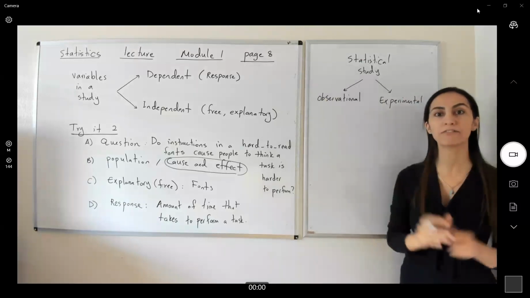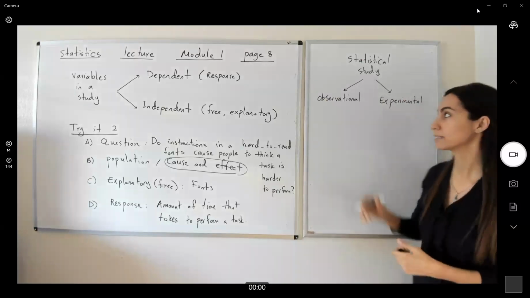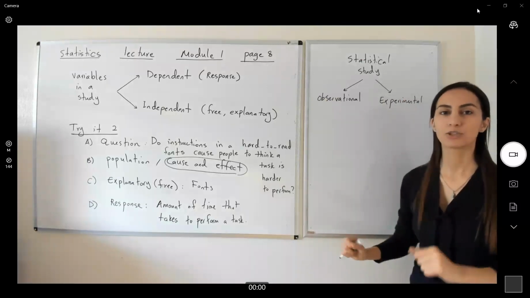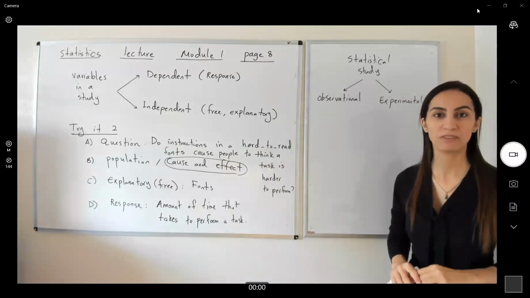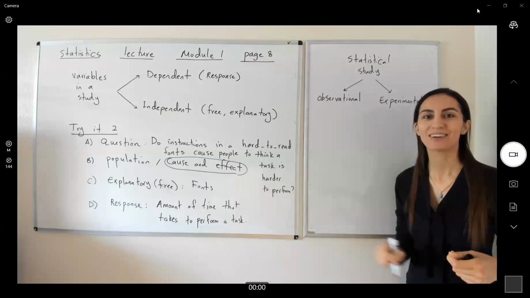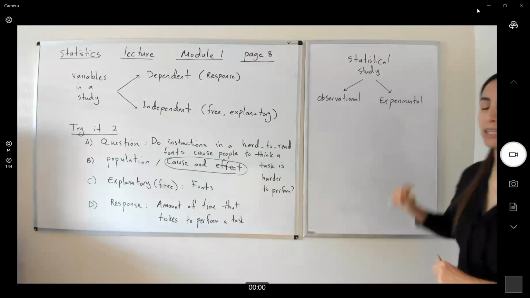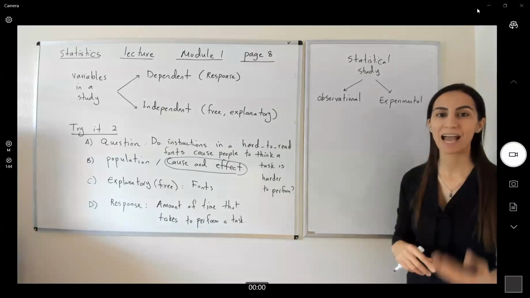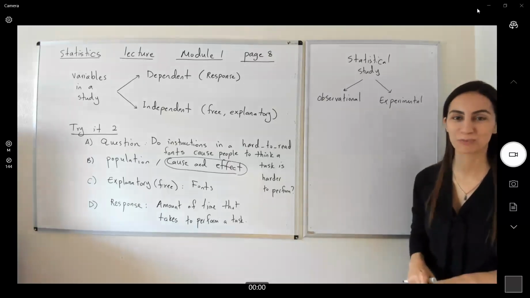The main difference between observational study and experimental study is that in observational study, you don't have any treatment. You just go and find a random sample, ask questions, write down the answers or the records, and you're done. In experimental studies, however, it takes time because you have to have a treatment for a sample.